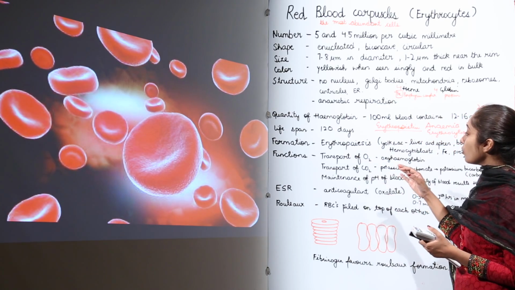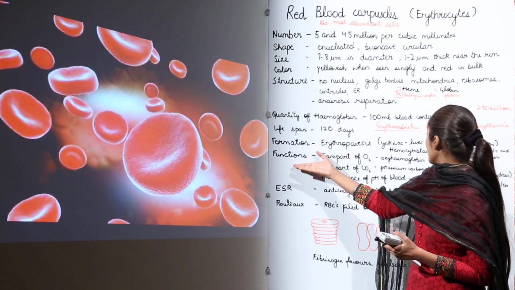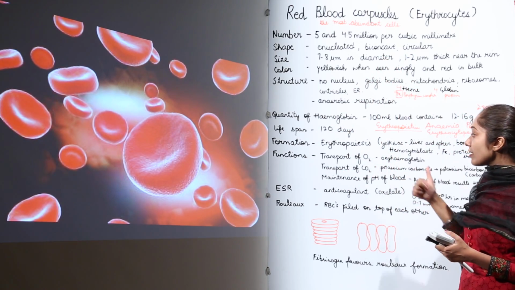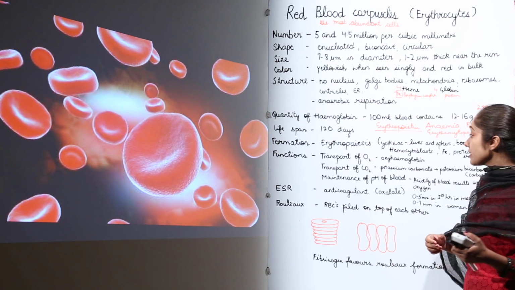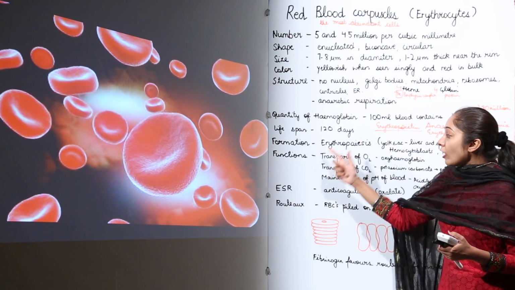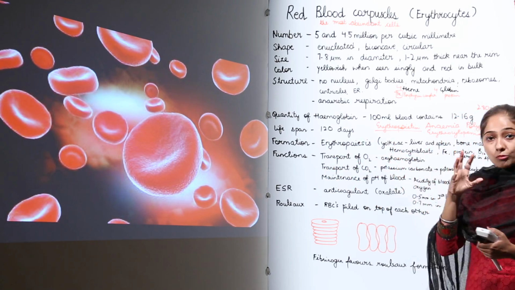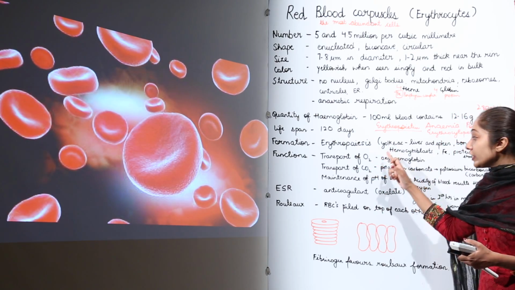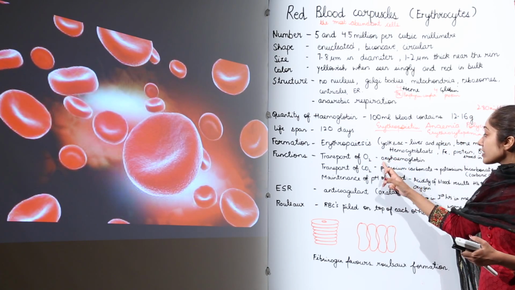Then let's come to the functions of the red blood corpuscles. The very first important function of red blood corpuscles is the transport of oxygen. These RBCs have hemoglobin, and the hemoglobin in the RBCs combines with oxygen and forms what? Oxyhemoglobin.